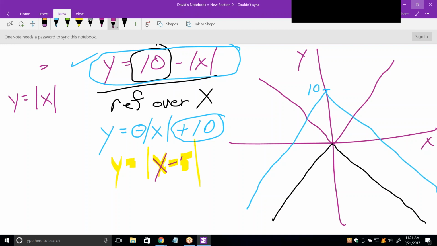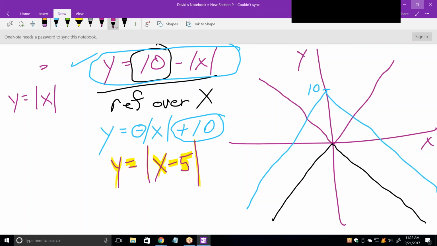X minus 5. Notice that it's inside the absolute value. So if I had x minus 5, that would move 5 to the right.